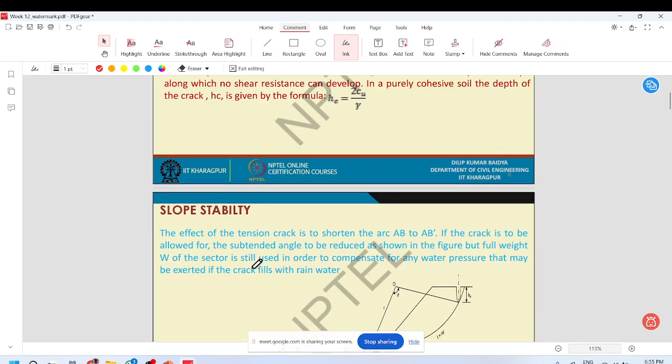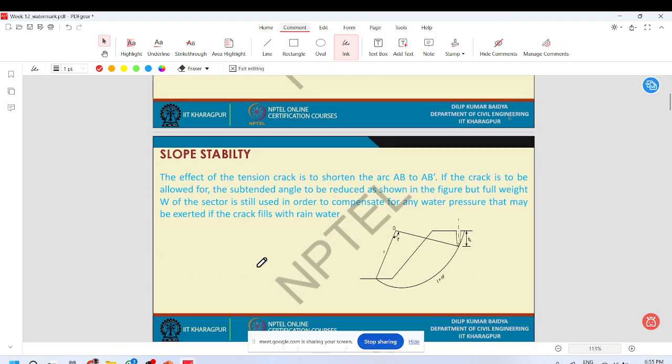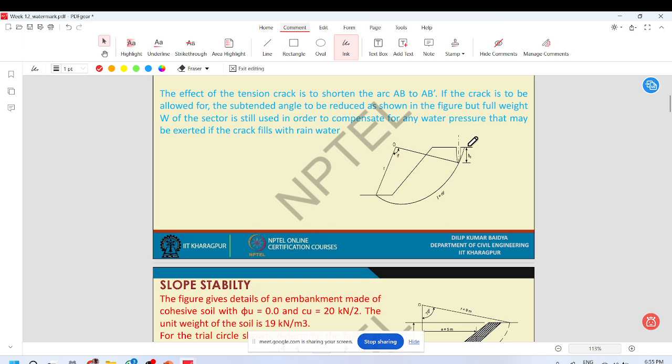In this method, we also study the effect of tension cracks. If you have a failure surface like this, it's not necessary that you will have a complete circle like the one we have idealized.